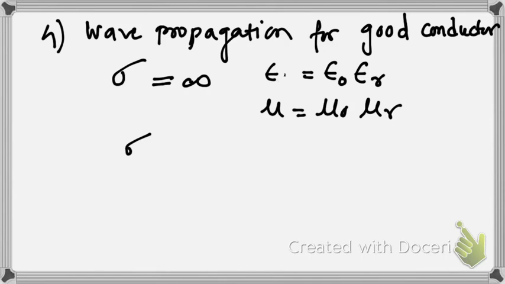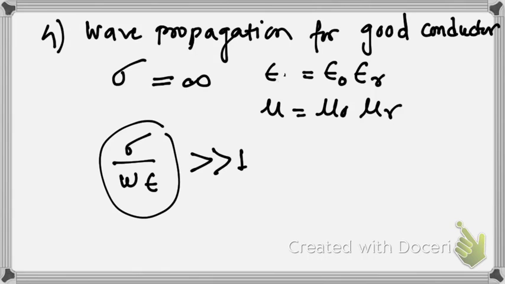So, that ratio sigma divided by omega epsilon will become much greater than 1. For a good conductor, sigma is very high, in terms of some mega Siemens per meter and so on. So this ratio will become high. By using this ratio we can judge whether the material is a good conductor or a good dielectric and so on.